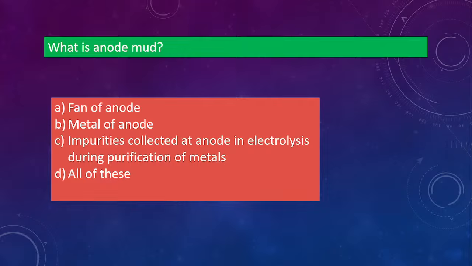What is anode mud? Option A, fan of anode. Option B, metal of anode. Option C, impurities collected at anode in electrolysis during purification of metals. Or option D, all of these. This is an easy one. Tell me what will be the answer.